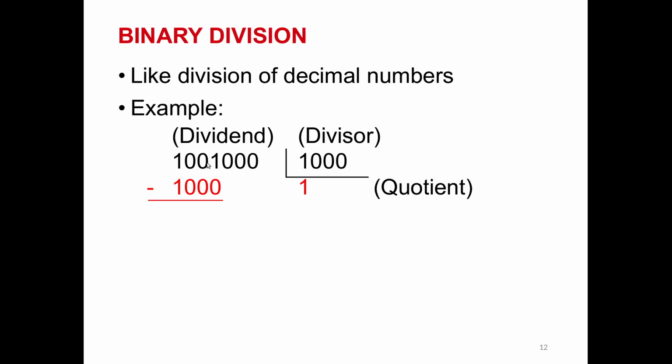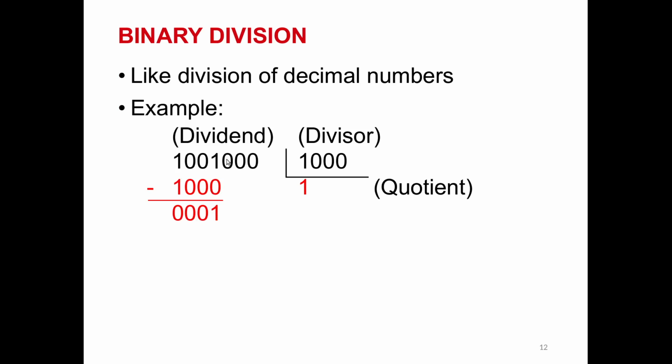And so you do the same as we do with decimal numbers. You will take the most significant 4 bits here, because the divisor is 4 bits. So you take the most significant 4 bits of the dividend, 1 0 0 1, and you subtract the divisor, so minus 1 0 0 0, and the result of this subtraction is 0 0 0 1.